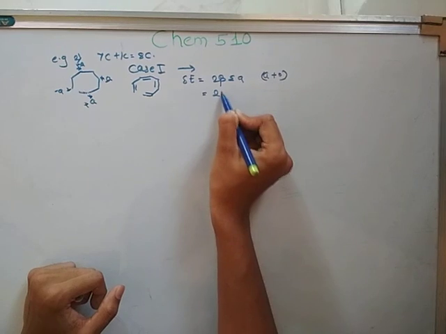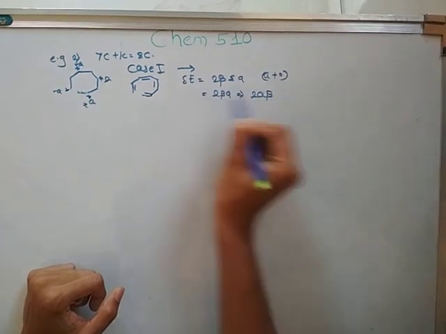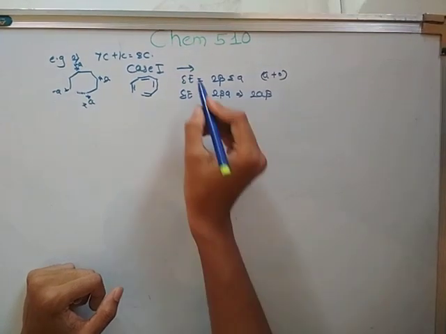So 2 beta A is equal to 2A beta, delta E for the first case.